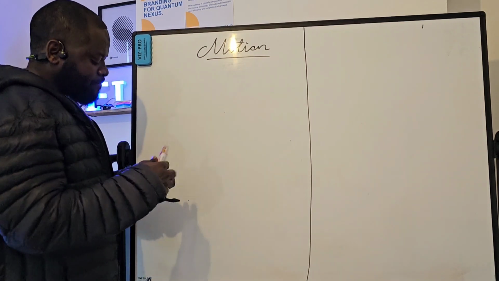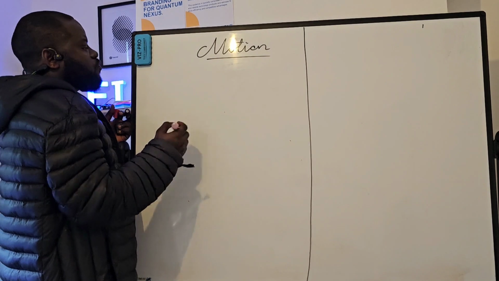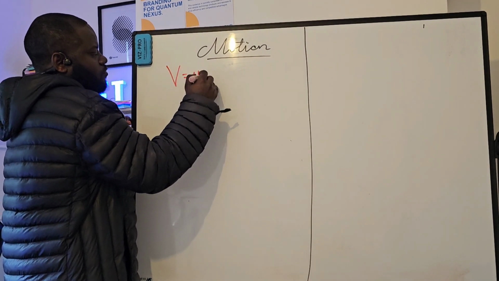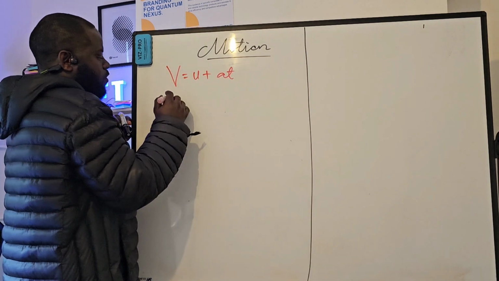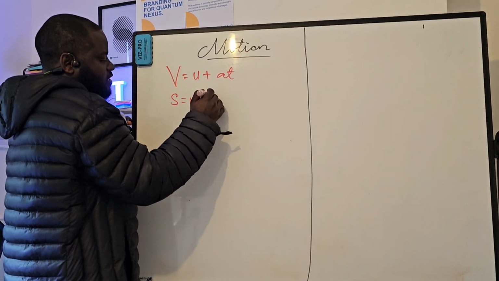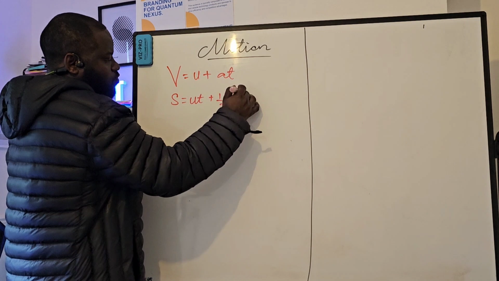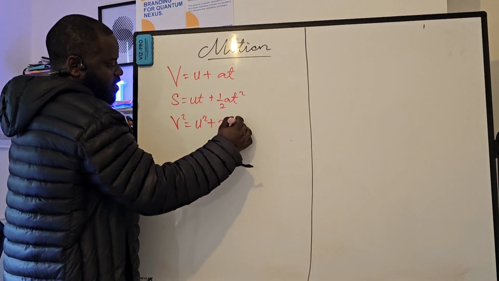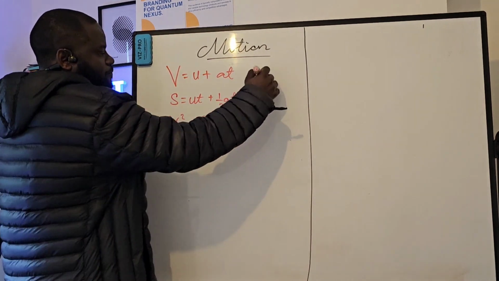Am I making sense? So we have the following equations of motion. We have that V is equal to U plus AT. We have that S equals UT plus half AT squared. We have V squared equals U squared plus 2AS.